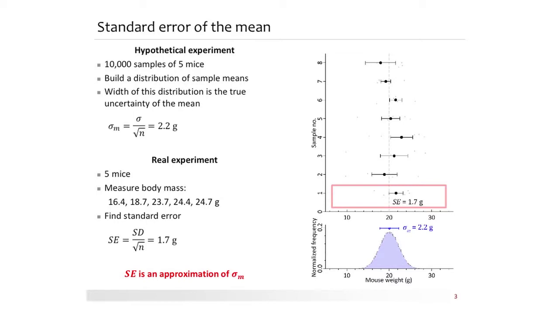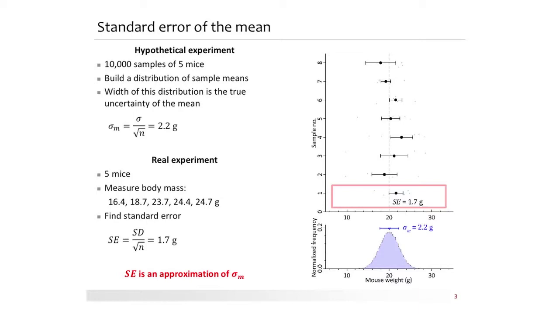So what you really want to consider here, in order to understand where it comes from and how it's calculated, is a hypothetical experiment, this Gedanken experiment, where you can, for example, draw 10,000 samples of 5 mice and then weigh them, and find the mean weight of each sample.